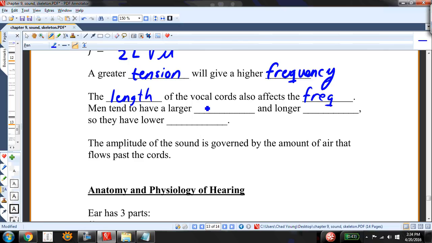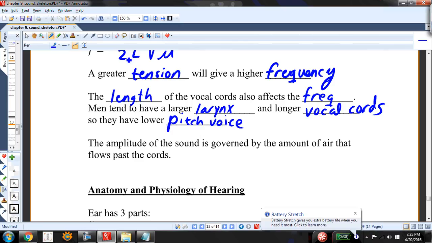Men tend to have a larger larynx, and hence also longer vocal cords. So they tend to have a lower pitched voice. And then further, the amplitude of the sound is governed by the amount of air that flows past the cords. All right, we'll stop with that.